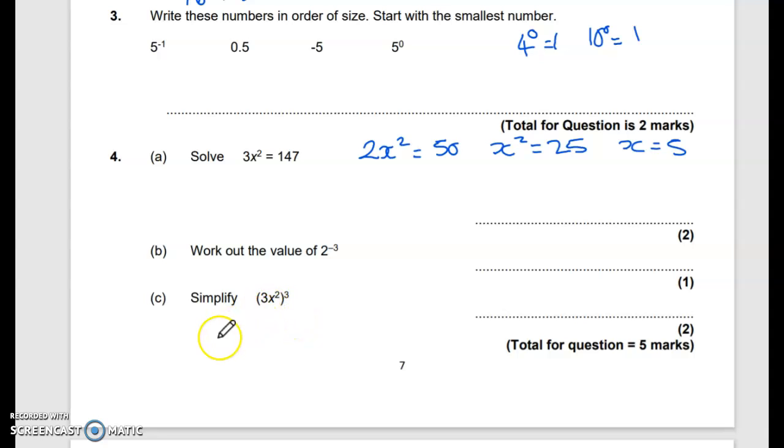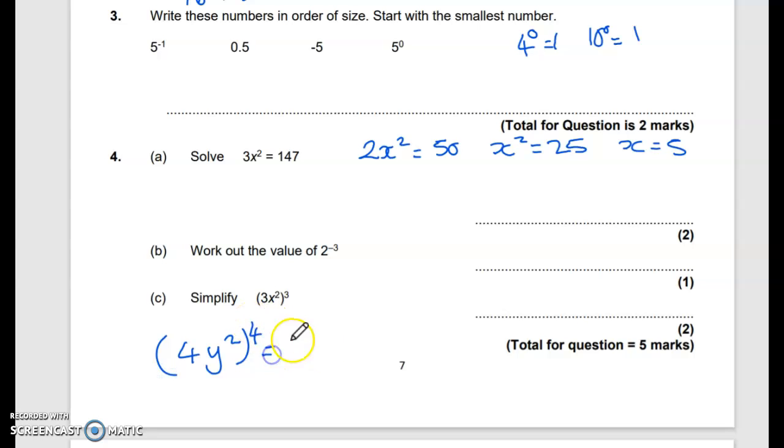Right, simplify this. So what you're doing here is you are going to multiply the powers to get your ultimate answer. You're not working out a value, you're just simplifying. So let's do one together. Let's say I have 4y squared to the power of 4.